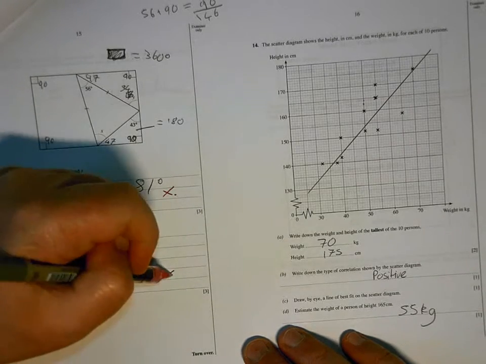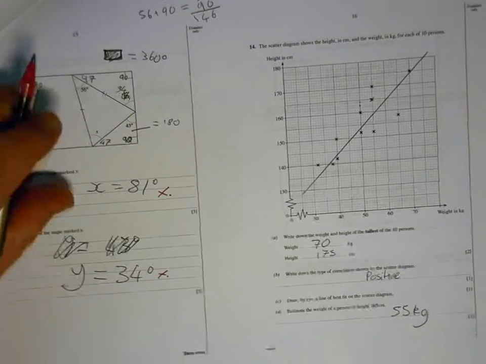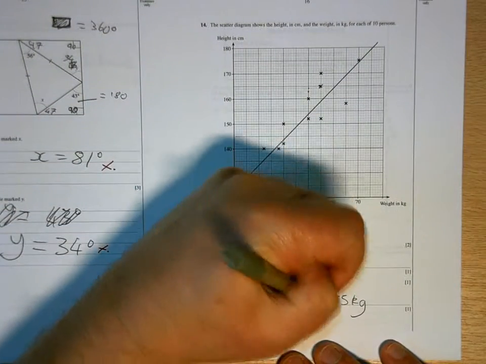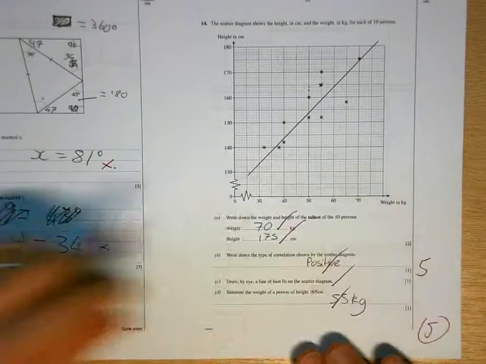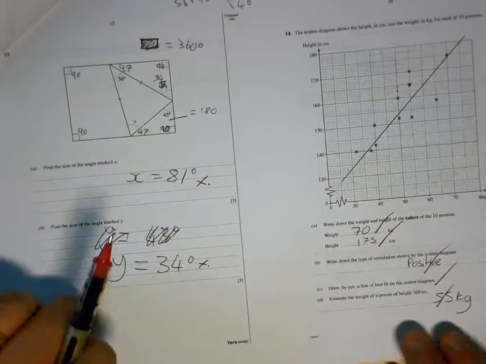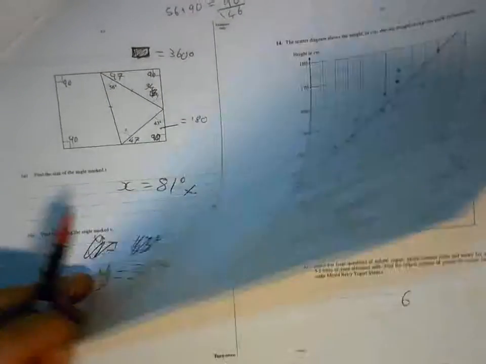And again, that's not right, and there's no method that I can see there to give you any marks. And that's fine, so that's good. So have a look at how I explain that on the video clip, and make sure you can get your head around it, because angle properties come up every year.